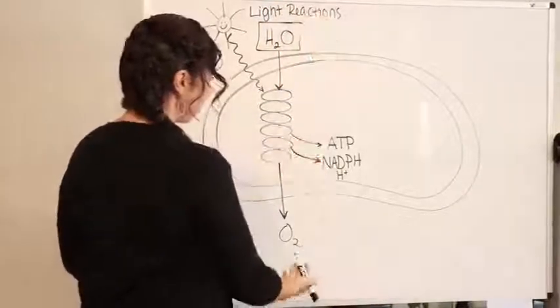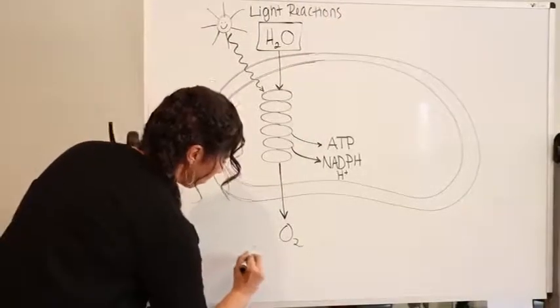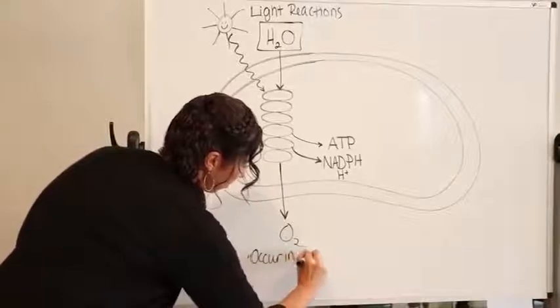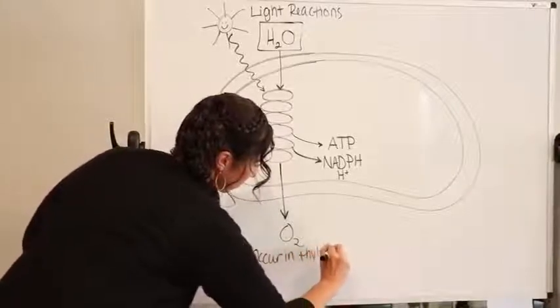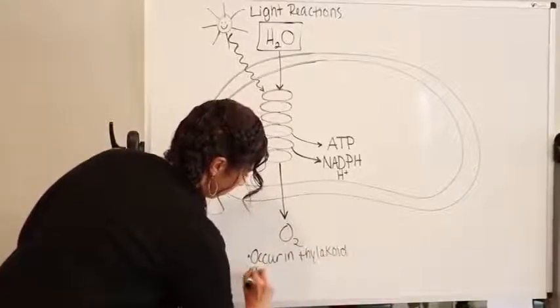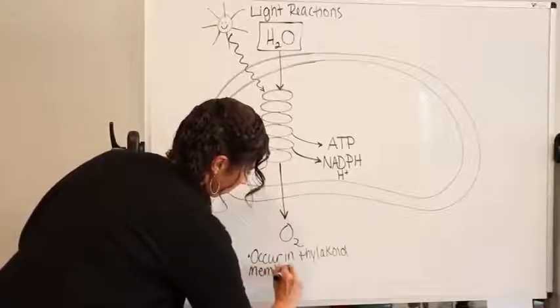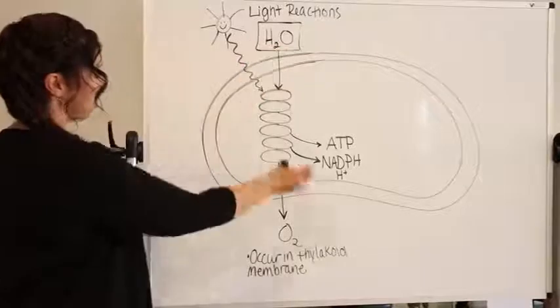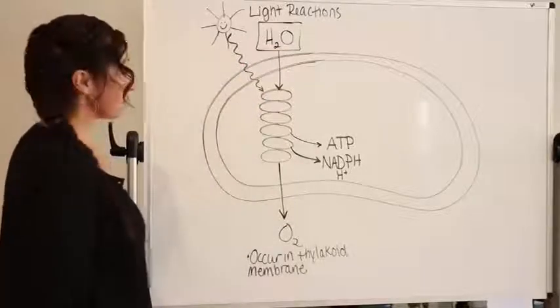These occur in the thylakoid membrane. So just for a summary, they occur in the thylakoid membrane, and essentially use light energy to split water into oxygen.